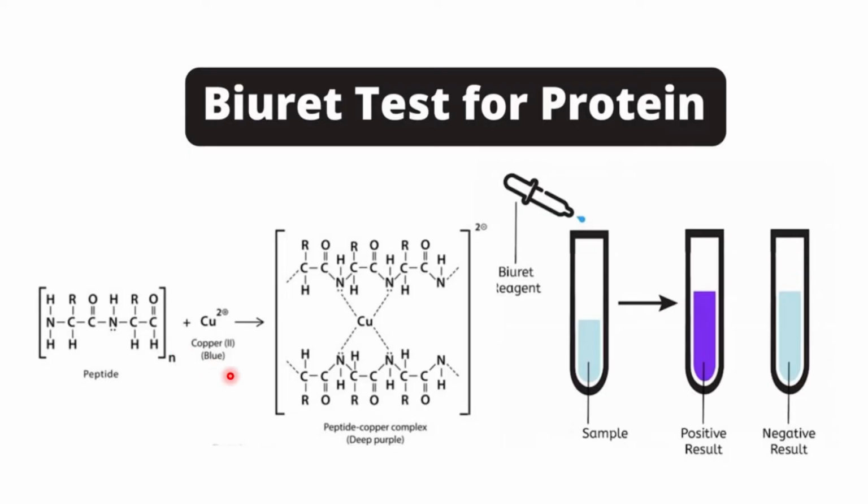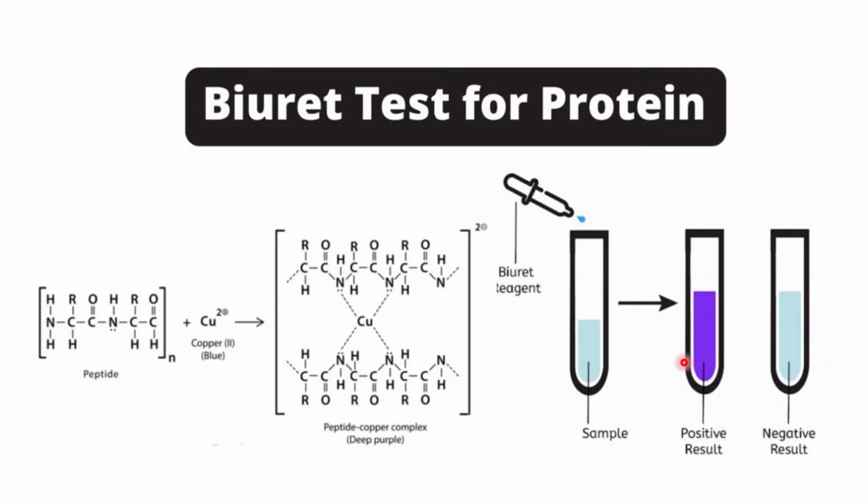What happens is that the cupric ions from the Biuret reagent react with the peptide bonds of the protein to form a peptide copper complex, which is normally seen as a purple color of the Biuret solution. That means the Biuret reagent or solution turns from a pale blue to a purple color to indicate a positive result.